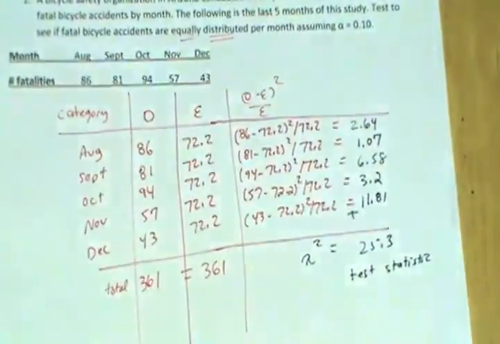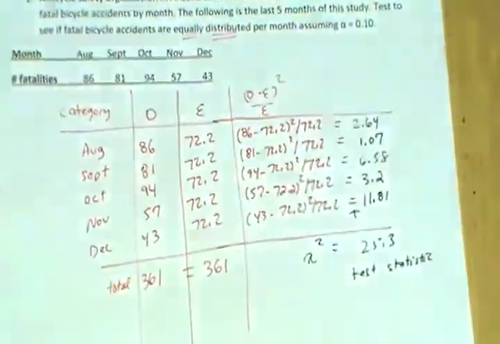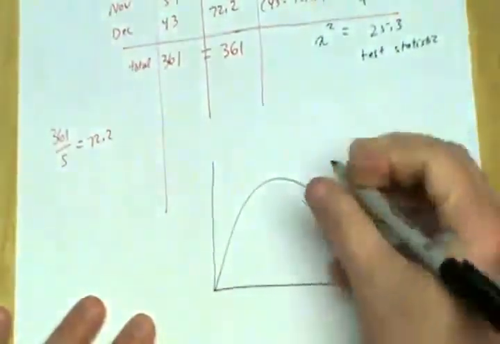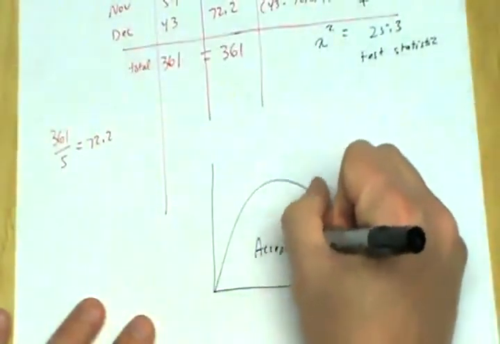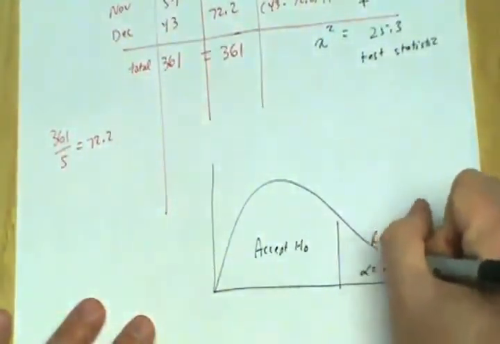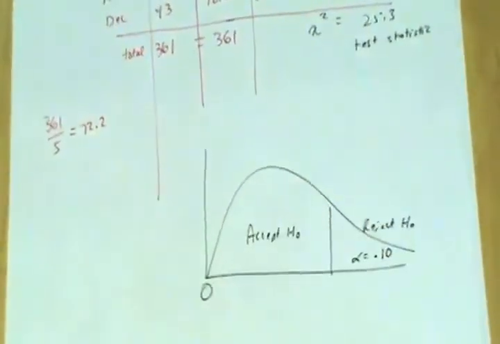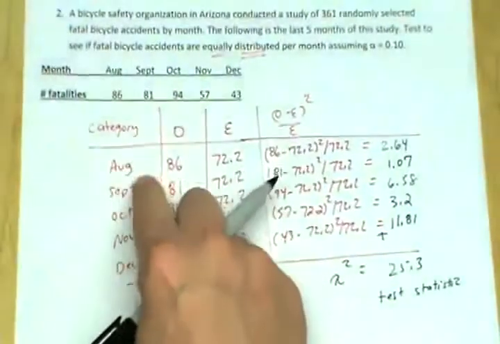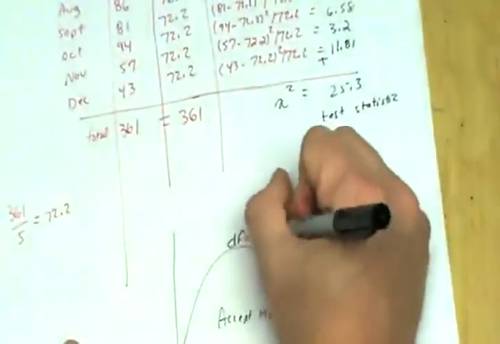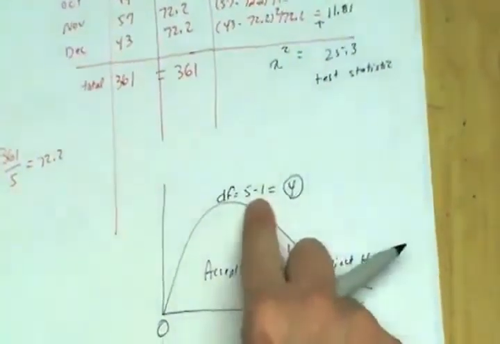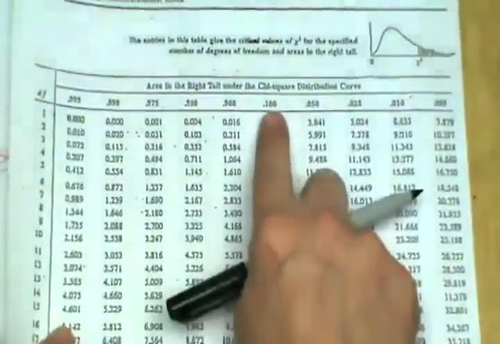Okay, we're asking for a 10% significance level, 0.10 or 10%. Degree of freedom is number of choices, so 1, 2, 3, 4, 5 months. Take away 1, because remember the last choice is not free. That's how we get degree of freedom. We always subtract 1.